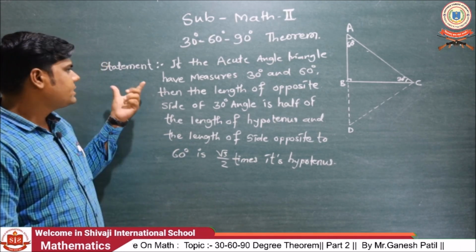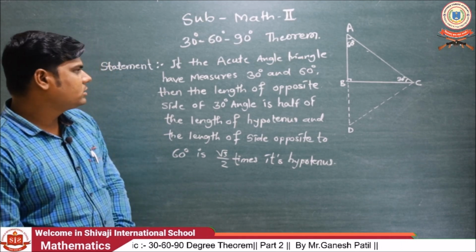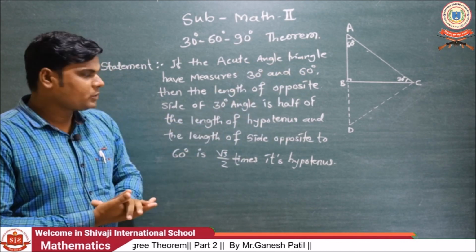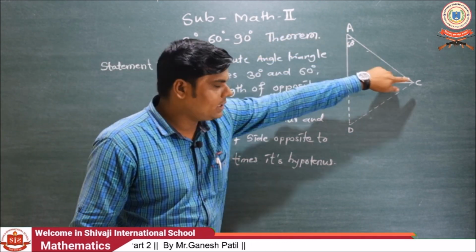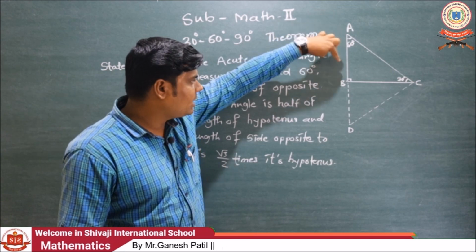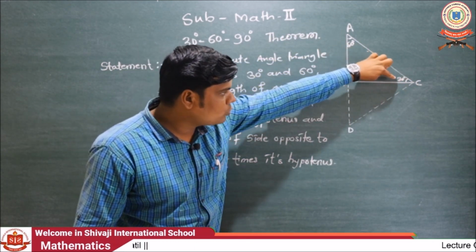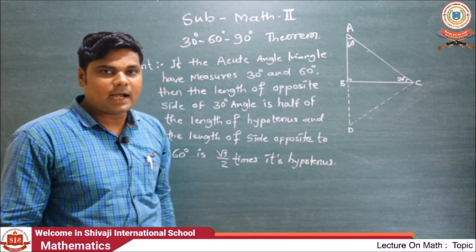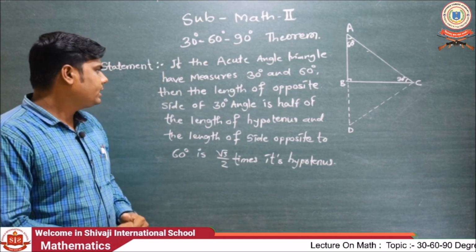See the statement. Suppose triangle ABC is a right angle triangle, and the measures of two of its angles are 30 and 60 degrees, and the third one is 90 degrees.